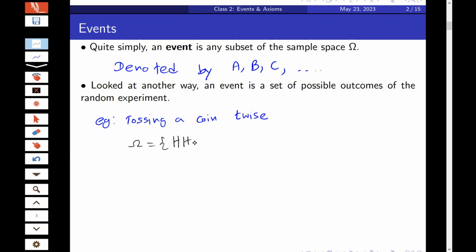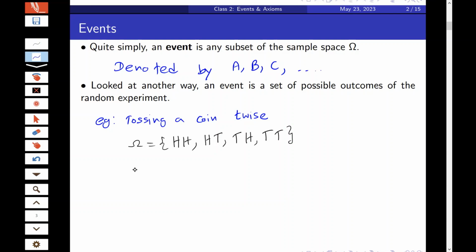It can be heads in both tosses, or head in the first toss and tail in the second, or tail in the first toss and head in the second, or both tosses are tails. Those are all the possible outcomes, so that is the sample space here.